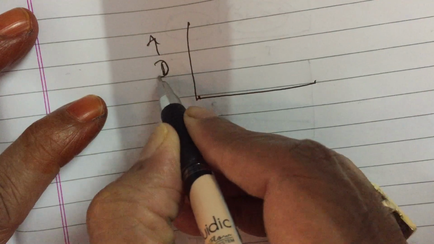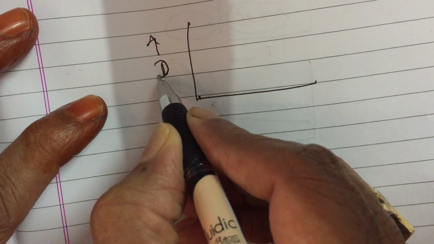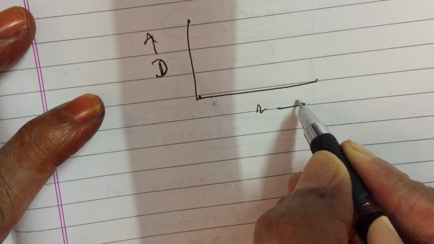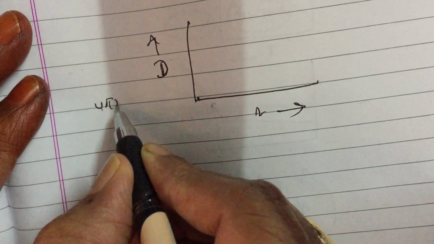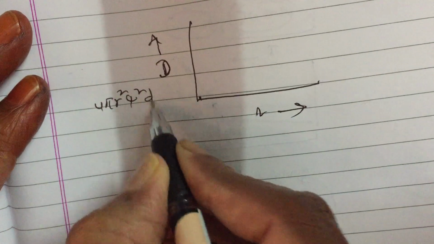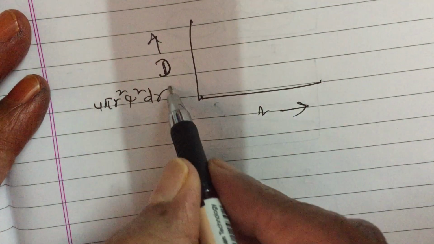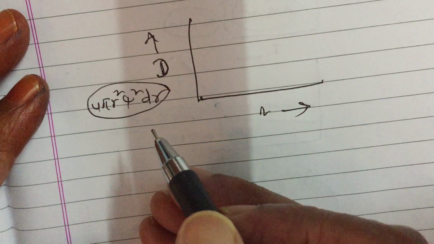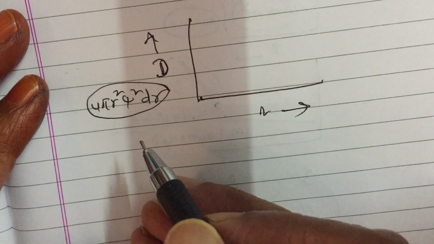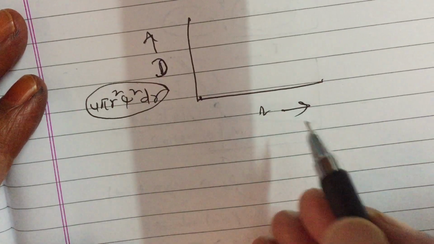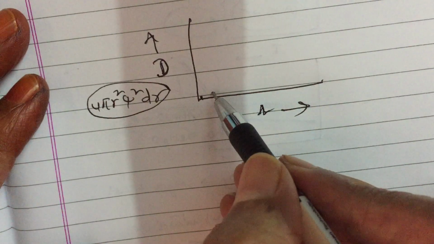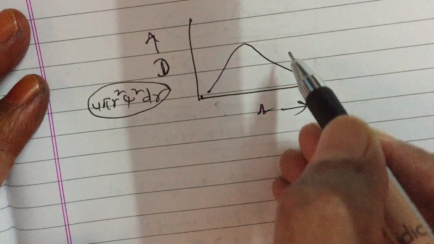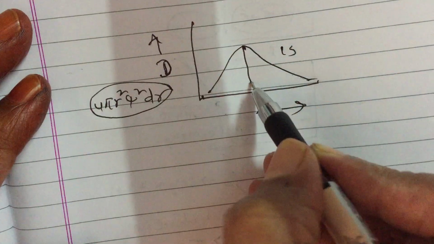The radial probability curve is a graph plotted for the D function versus radial distance, and the D function is actually given by 4 pi r square psi square dr. The D function depicts the probability of finding an electron in a layer located at a distance r from the given nucleus. And notice the radial probability curve for the 1s orbital has only one peak.